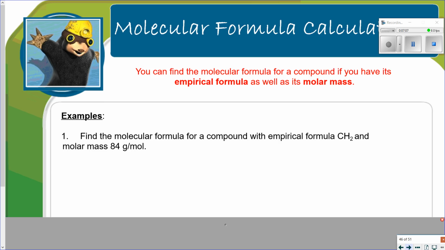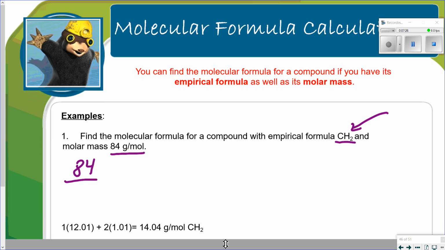All right, so let's get busy on this. This says find the molecular formula for a compound with an empirical formula of CH2 and a molar mass of 84 grams per mole. So we know this is the molar mass of the molecular compound. We need to find the molar mass of the empirical. And since we've done this so much, I went ahead and calculated it out for you.